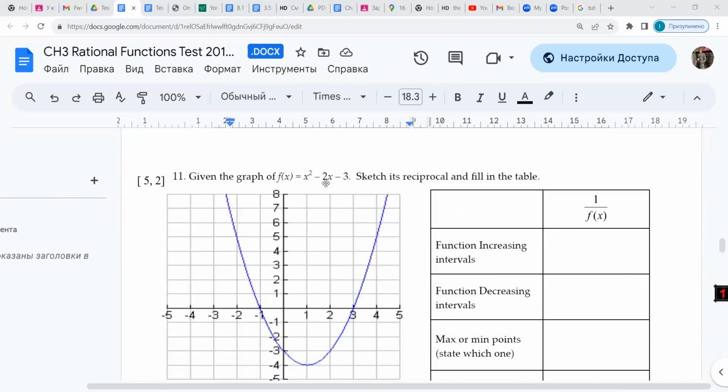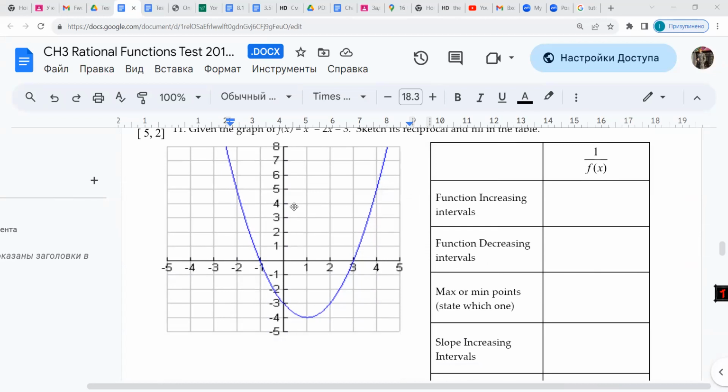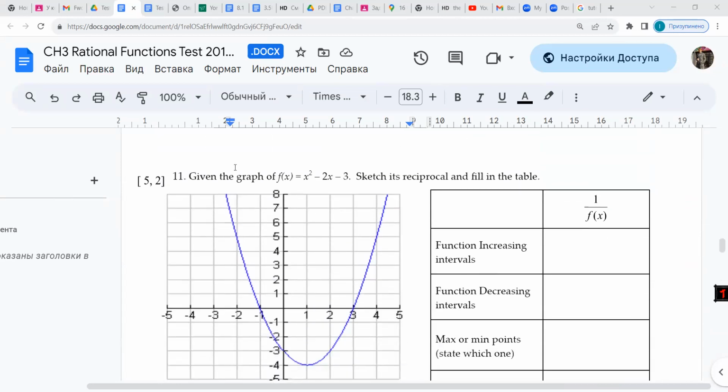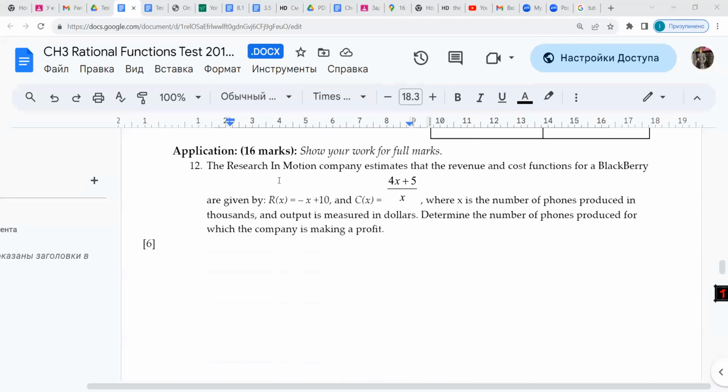Move on to question 11. You can do this as practice on your own because it's fairly similar to what we just did. You just need to find the reciprocal of it and sketch it. Let's see what else we have here.